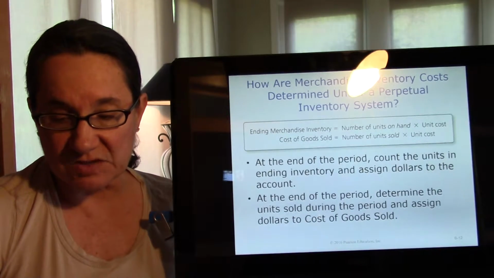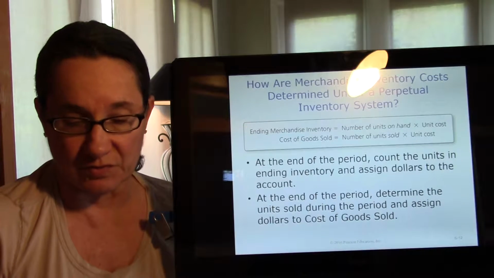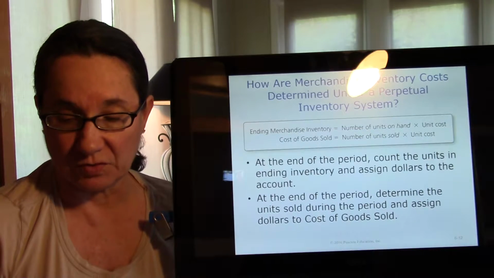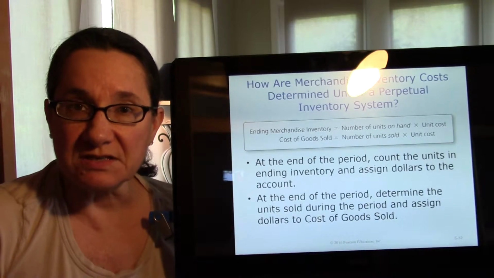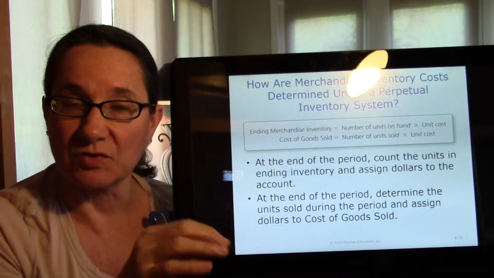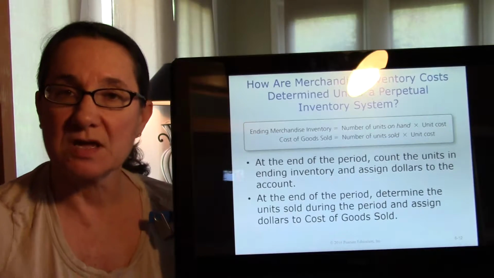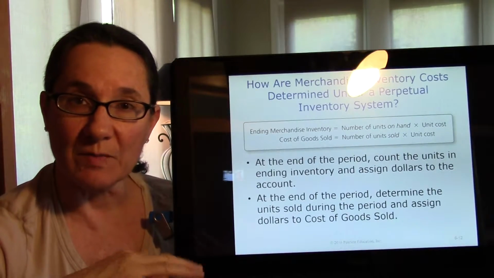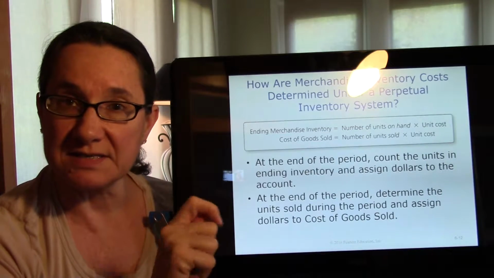At the end of each fiscal period, two accounts reflect information about inventory: merchandise inventory and cost of goods sold. So merchandise inventory, that's the current asset where we're tracking our actual inventory, what we have in our stockroom. Cost of goods sold, remember that as we sold inventory, we recorded the sale, right?